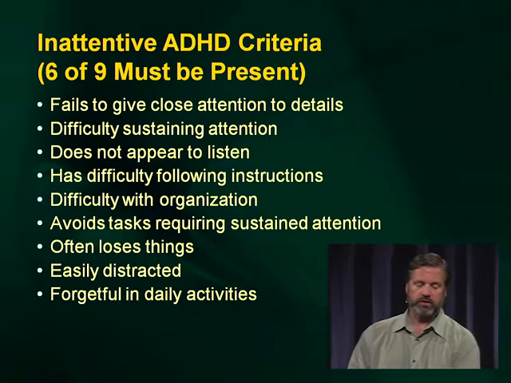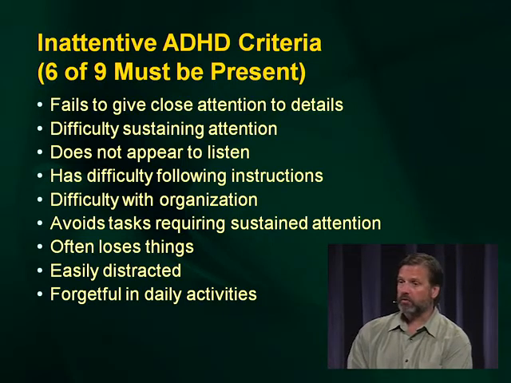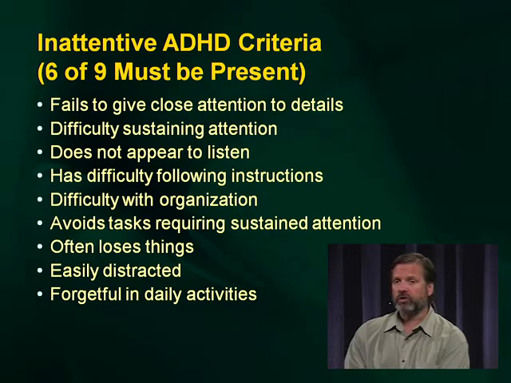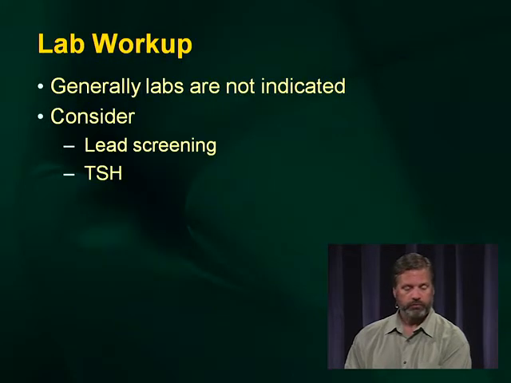So 6 of these 9 criteria have to be present, and you can assess these through questioning, or there are lots of tools out there that you can use: parent questionnaires, teacher questionnaires, things to help you gather data. For the hyperactivity, impulsivity of the ADHD criteria, again, 6 of these 9 things, but they're generally things that can be assessed through history taking with the right sources.